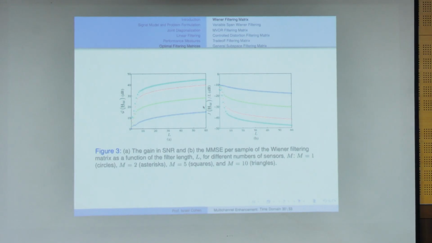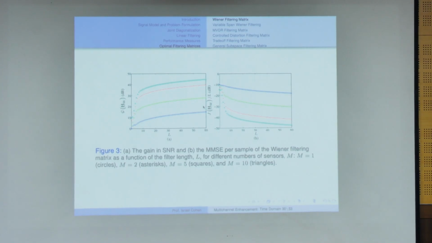Now, if we add more sensors, the significance of the additional sensor becomes less and less. So here is the jump from 5 sensors to 10 sensors. See? So it decreases. And of course, the MSE decreases, the mean squared error divided by L. Why do we divide the MSE by L? Because we want the average MSE relative to a single sample.